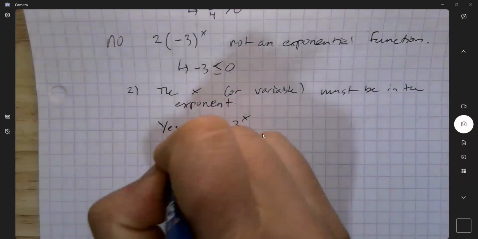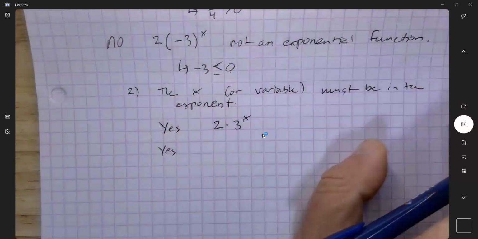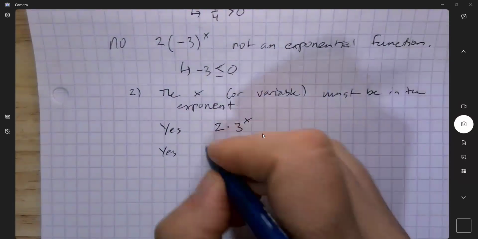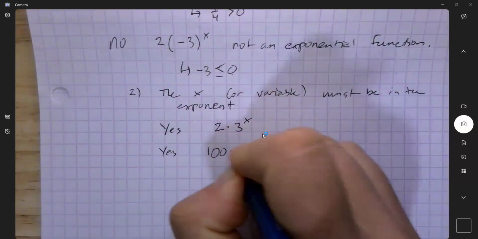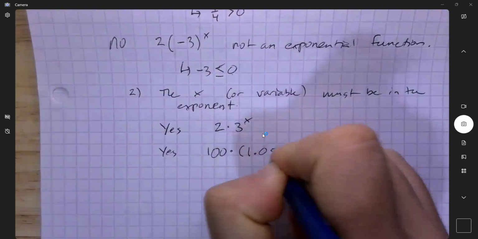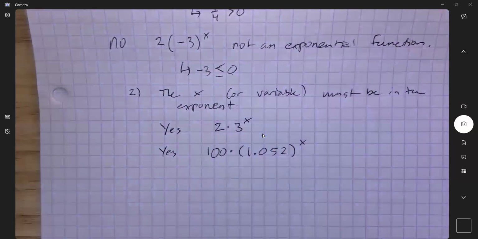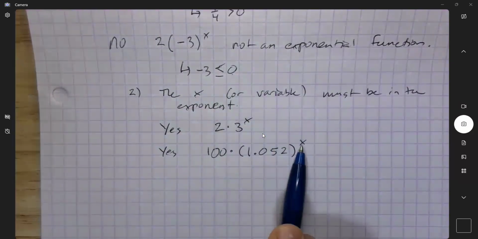Another one that would be fine, and you're going to see this a lot when we start talking about percentage changes, might be something like 100 times 1.052 to the x. That's okay because x is in the exponent.